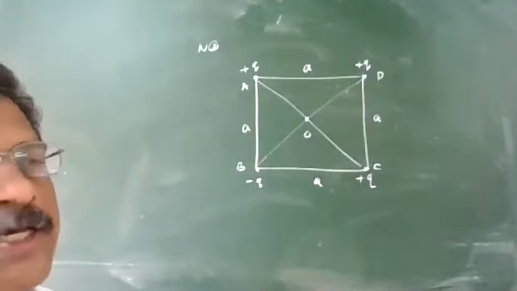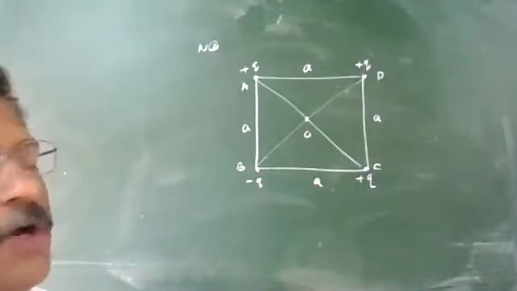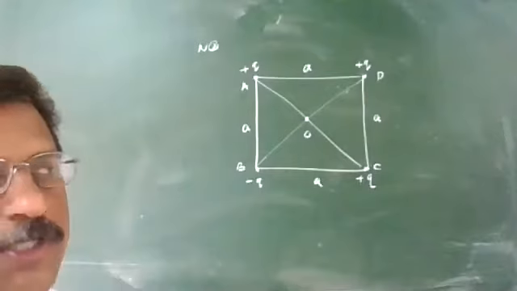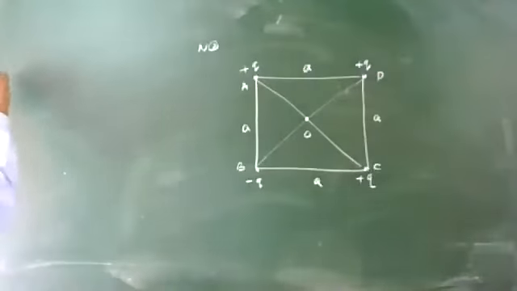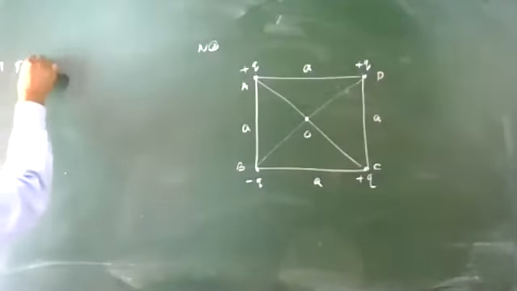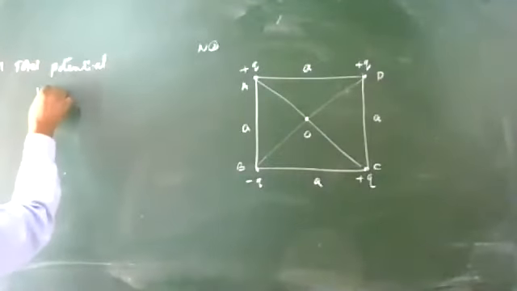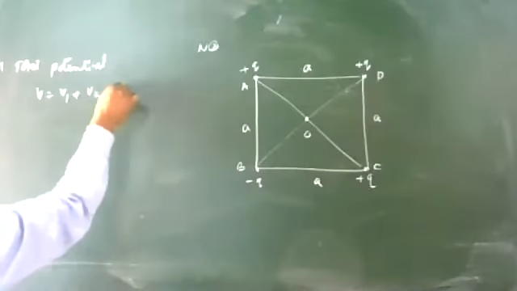So 4 charges are there. So total potential, point number 1, we write V equal to V1 plus V2 plus V3 plus V4.